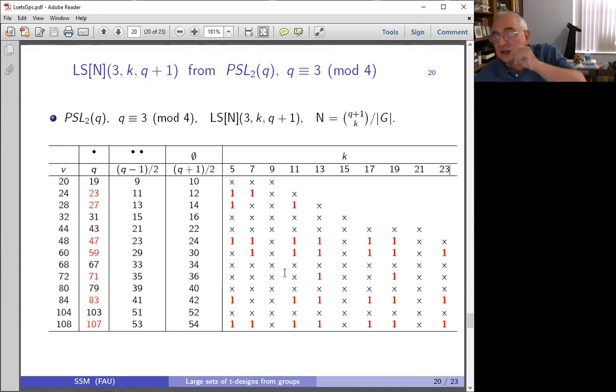This is true for the 3-homogeneous case, where we're looking for large sets of 3-designs. For the 2 case, we can have 3. So what you see here, I put here the possible values of Q, including, notice, a power of 3, which is 27. And there exist values of K which work even for that.